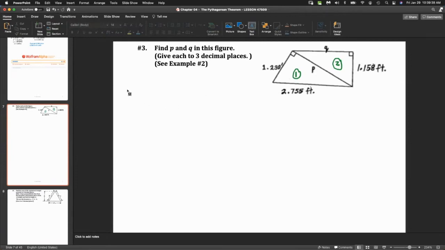We want to solve for P and Q. From triangle number 1, what's the longest side on triangle number 1? Which of these values? Yeah, the 2.755.